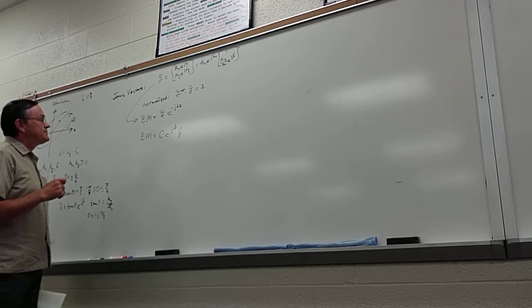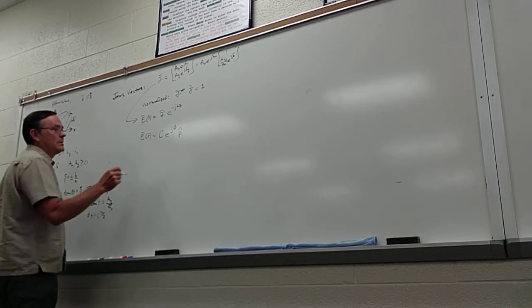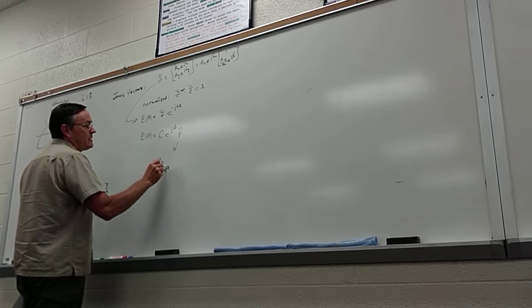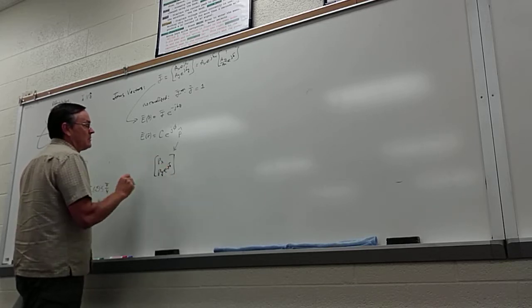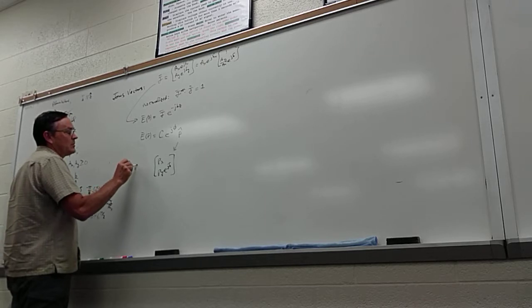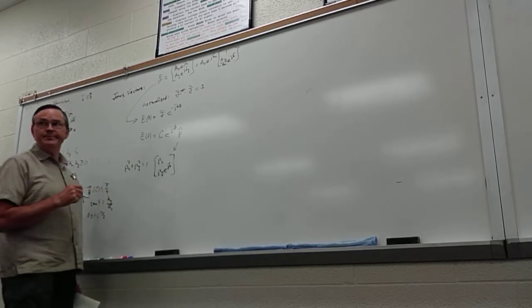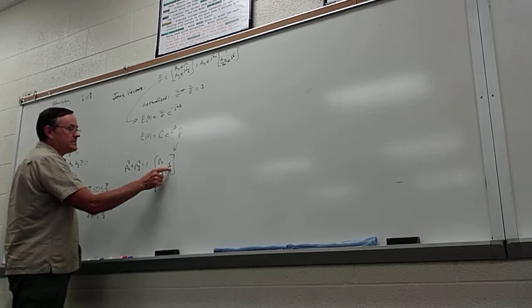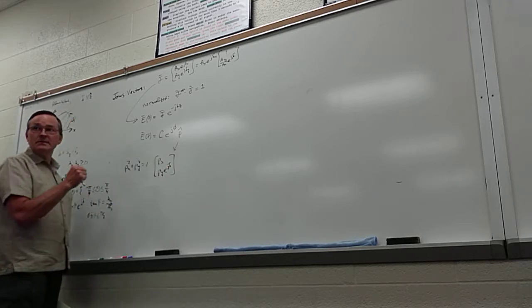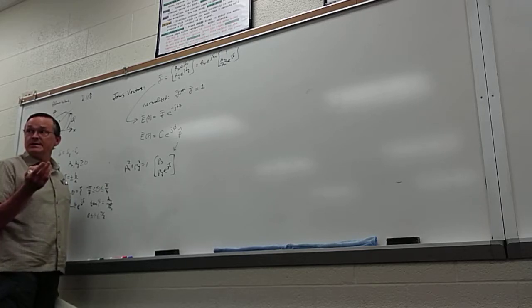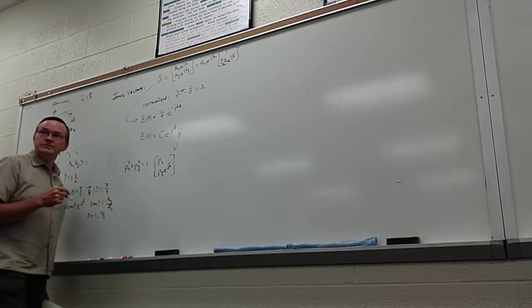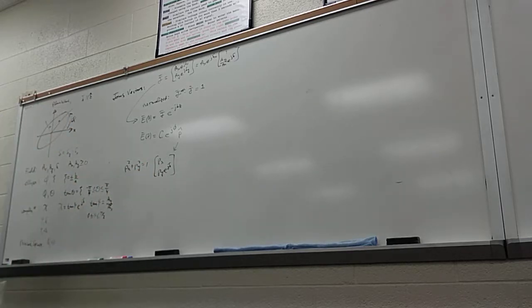Because in general, it's going to have the form of px, py, e to the j delta, where px squared plus py squared is 1. Because remember, this is the relative phase shift of the y to the x. And when we're trying to determine the polarization state, it's all about that relative phase shift and the relative amplitudes of the x and y components. It's always about those two things.